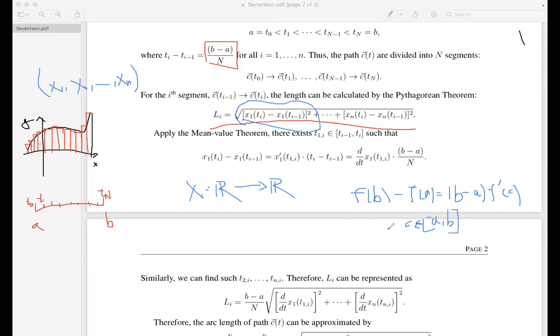So the same idea can be applied by finding some t between ti minus 1 and ti. We call it t1i, because this is only for the first argument x1, so I put 1 here, and i is denoted because it's between ti minus 1 and ti. So t1i is some number in this interval. Okay.